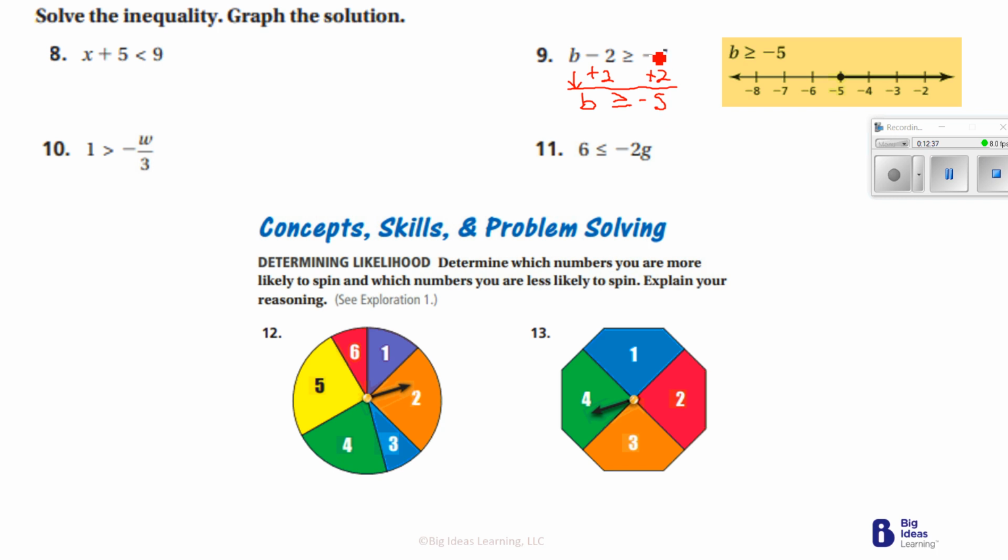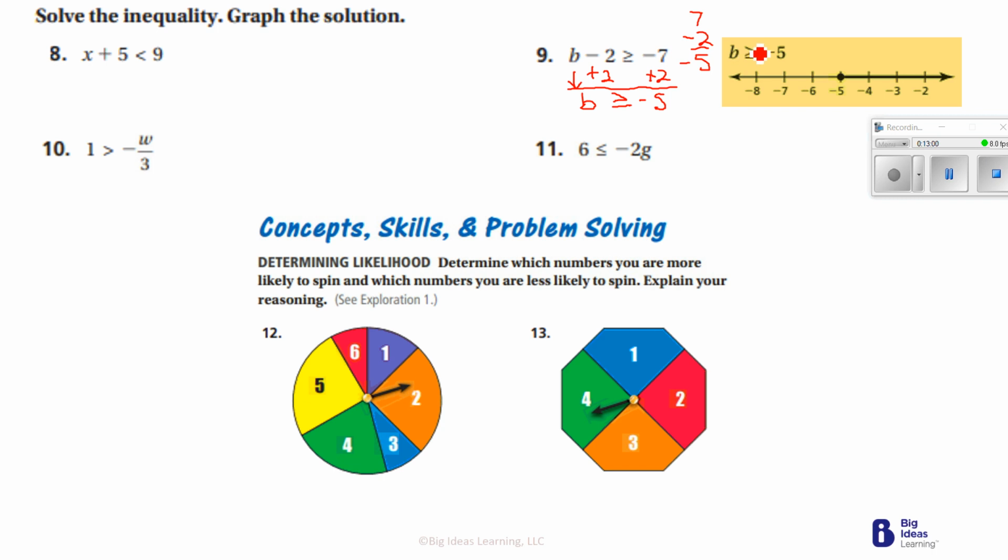We remember when my signs are different, right? I have a negative and a positive, I find the difference. That's the answer to a subtraction problem. So I knew I was going to subtract. I take the big number, 7, minus the small number, 2. That gave me 5. And then I have to keep the sign of the big number. The bigger number was 7. It had a negative in front. That's why we had -5.